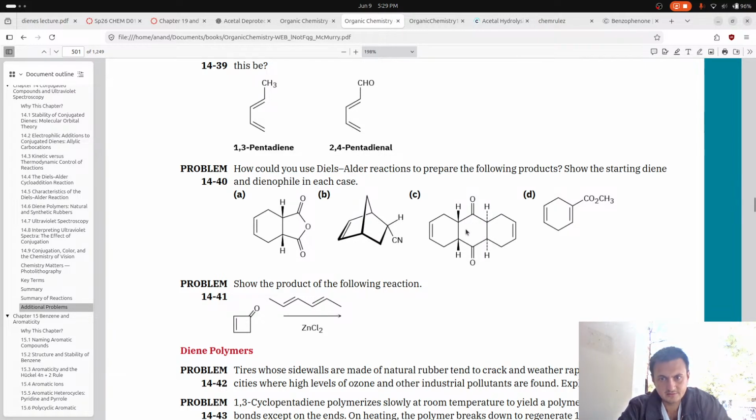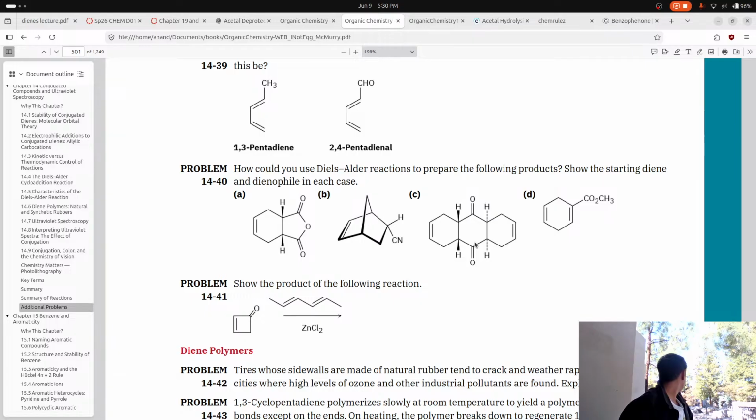Oh, what it is, you're going to use 2 molecules of the diene and 1 molecule of the dienophile. But this is still open.